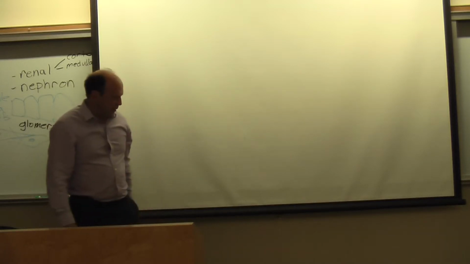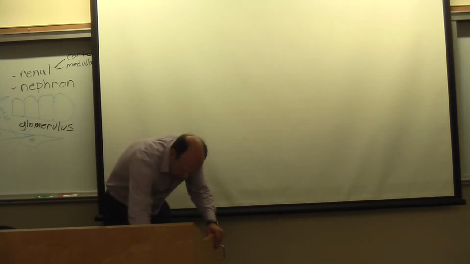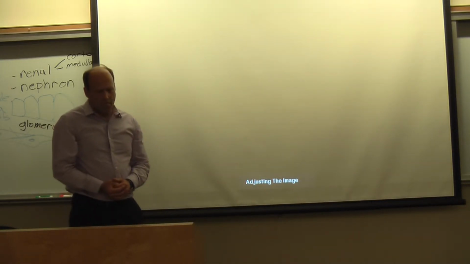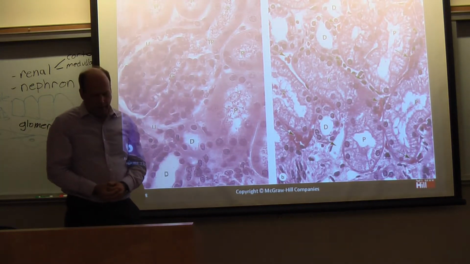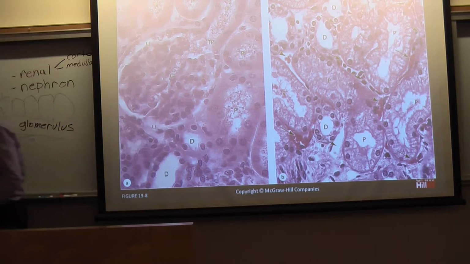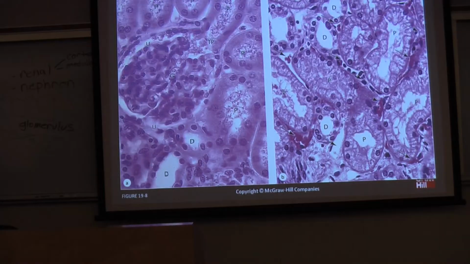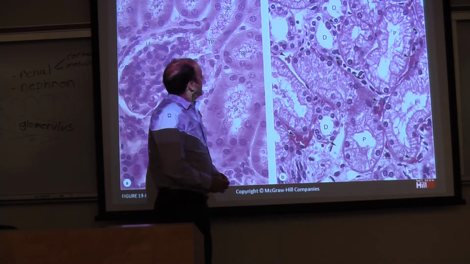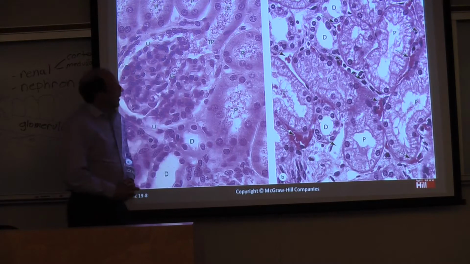Okay, let's look at the epithelia that we were talking about. We said that dealing with the kidney, we're thinking it's a lot of epithelia. And here's a picture, lots of epithelia. I was commenting on what the epithelia looked like.